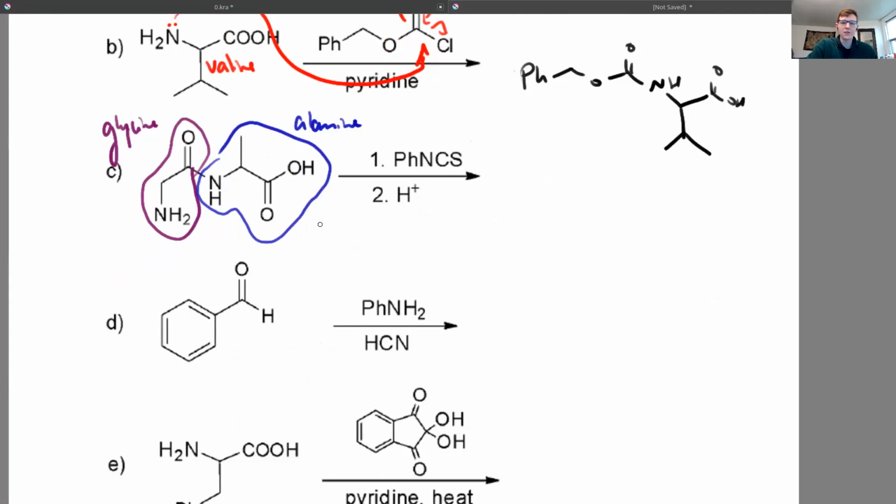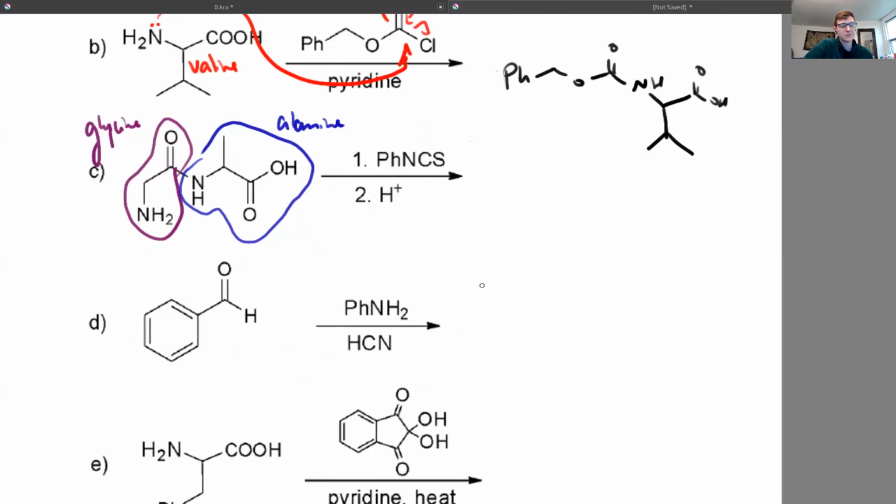So at the end of the day, is it going to pull off glycine or alanine? Because once we know which one, then we could draw the structure at the end. So I guess glycine, right? Because that's the N-Terminus one. Yeah, exactly. Okay.